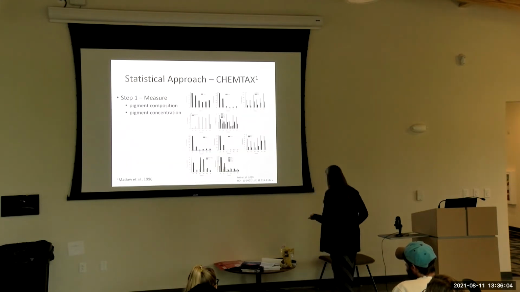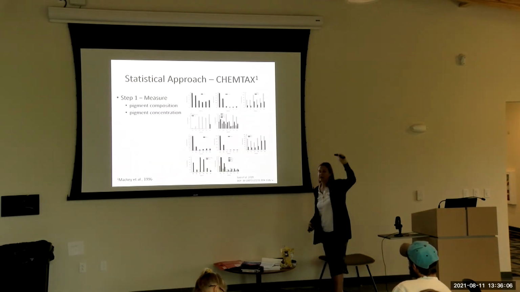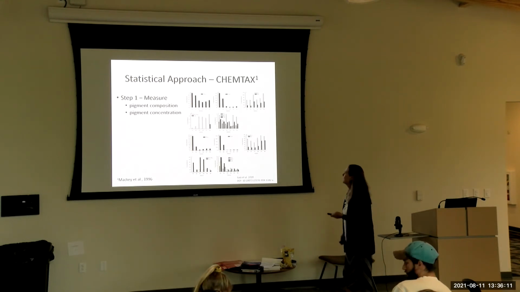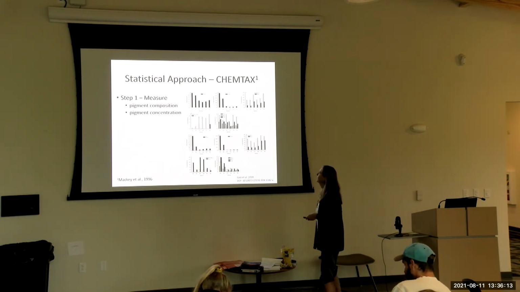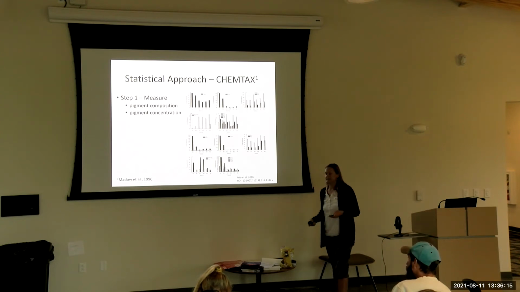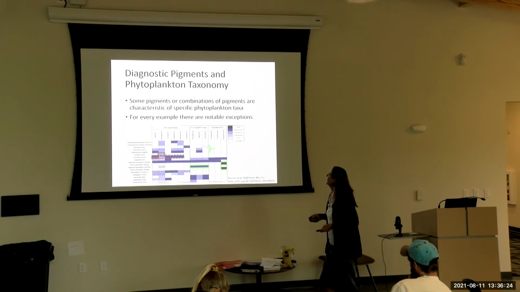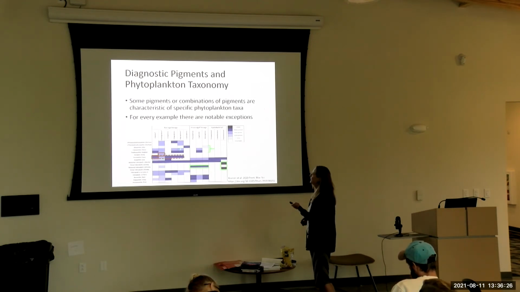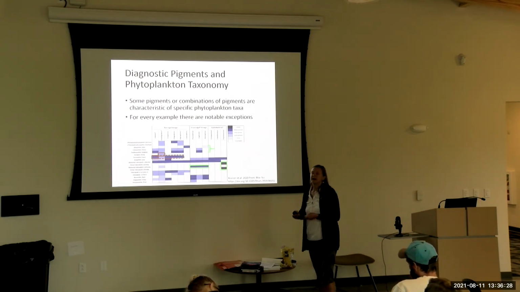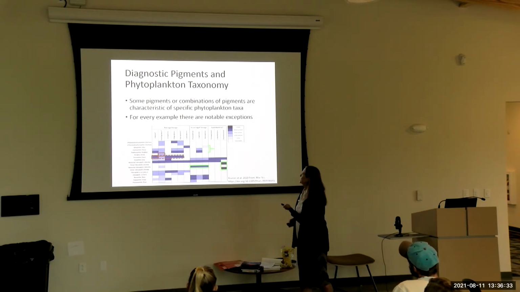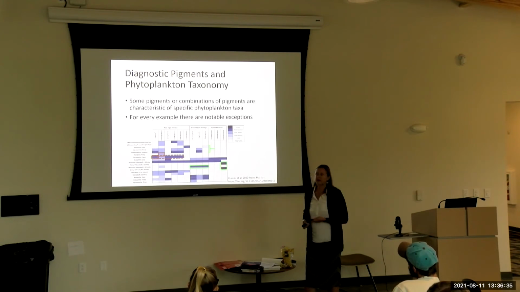Okay. Well, we use a statistical approach. So how many people have heard of CHEMTAX? A couple people have heard of CHEMTAX. So CHEMTAX was first published in this paper by Mackey in '96. And basically what they did is they looked at characteristic ratios of pigments across taxa. And they said, well, if you had a haptophyte, you would expect it to have this chlorophyll to fucoxanthin to diadinoxanthin ratio.